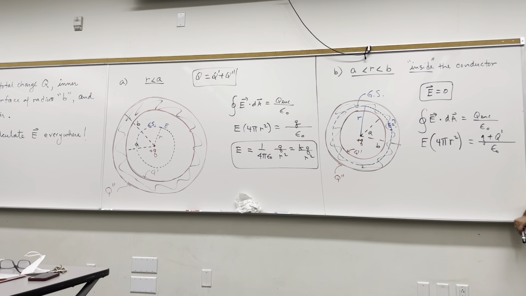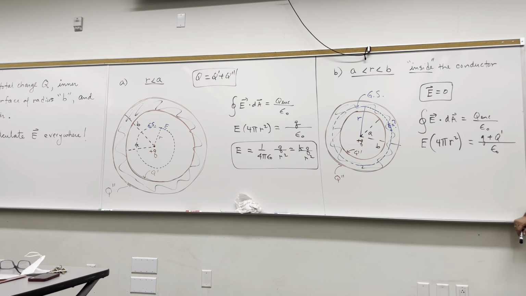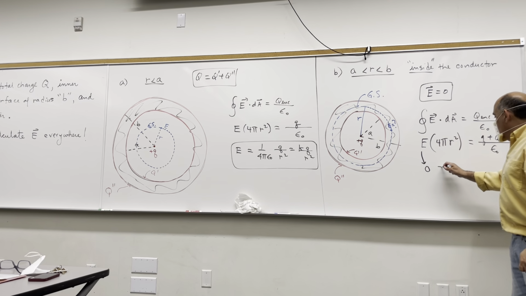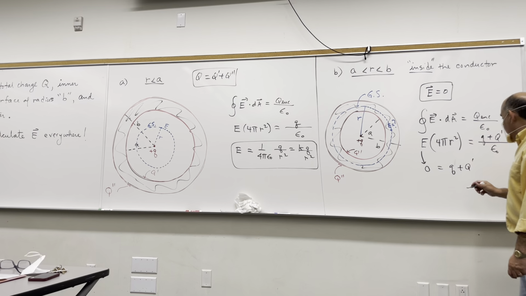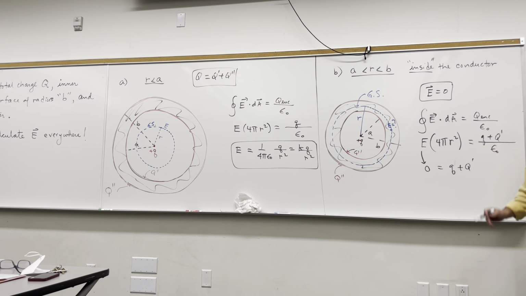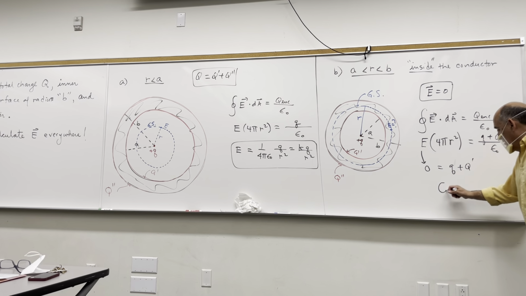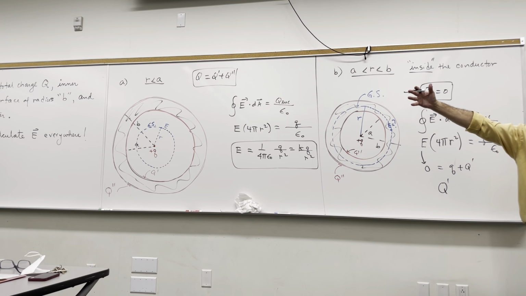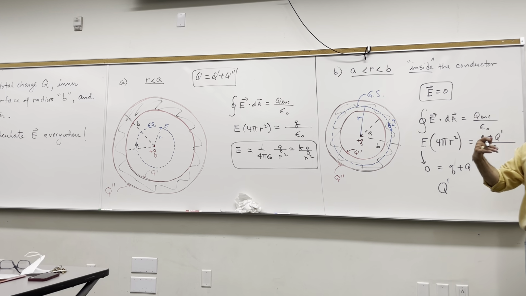And at this point, you have an epiphany. You say, oh, no, wait a minute. Inside, the electric field should be 0. So then you say, this is 0. So therefore, what must q added to q prime be equal to? How much of the charge of the conducting hollow sphere is going to go to the inner surface?